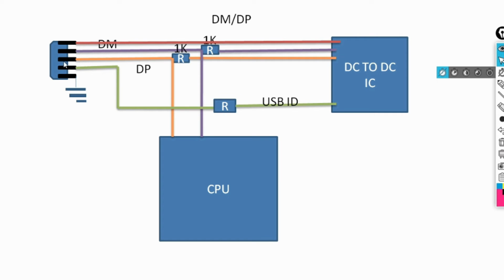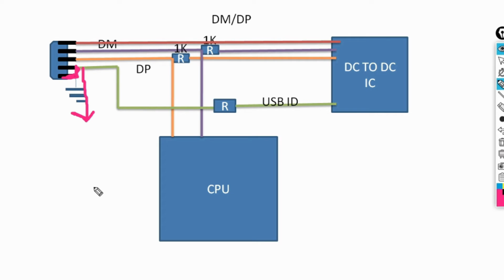But when you connect the OTG in your charging port at 5 points, this USB ID line is shorted with ground. Yes, this line is shorted with ground. So the 1.8 voltage in this line goes to ground, right? After this line is shorted with ground, the PMI senses a signal on this line going from logic high to logic low.